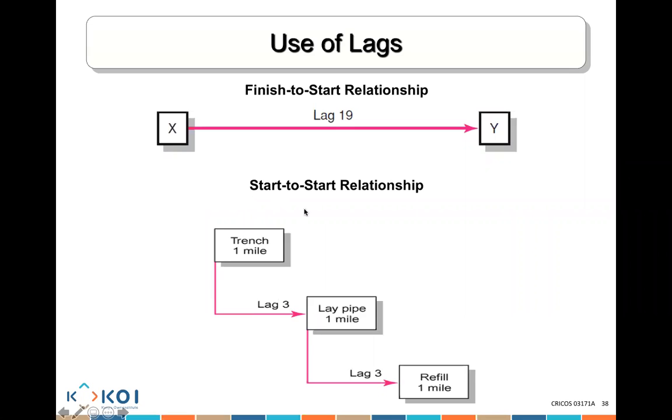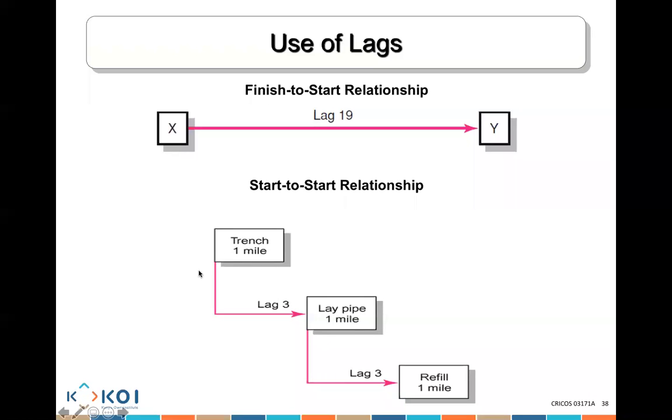Start to start relationship. Activity lay pipe cannot actually start, this is a start, until 3 days after trench has already started. So we need to do the trench first, dig it, then 3 days after we dig it, we start putting the pipes. Why? Because otherwise we're going to have to wait a lot for digging, okay?